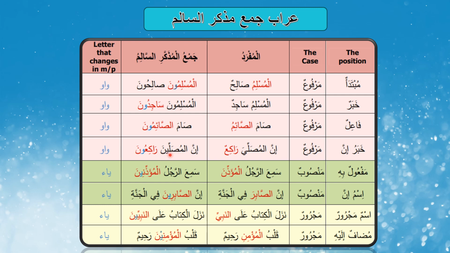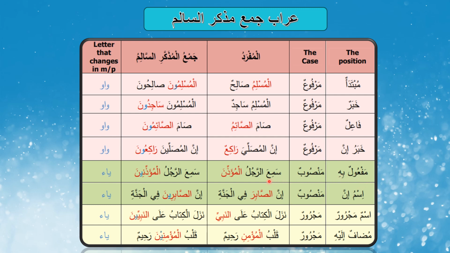Because it's in mansub case, so it will take the suffix ya wa noon. And you can check the lam, it's with kasra. Musallina. Raqi'un is the khabar of inna, in marfu case. Now let's check the maf'ul bihi case.